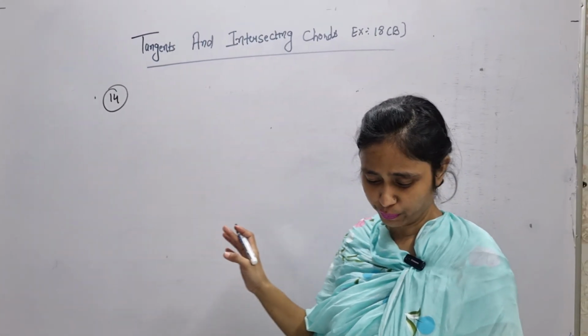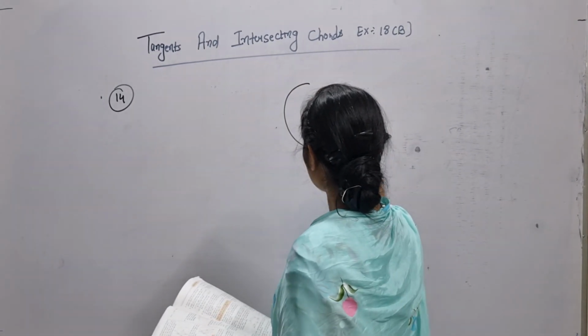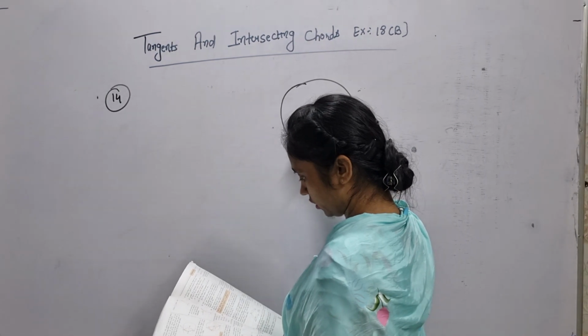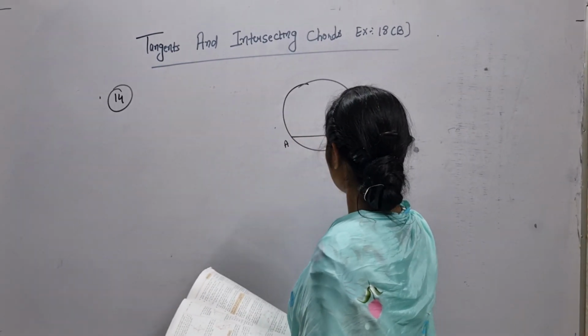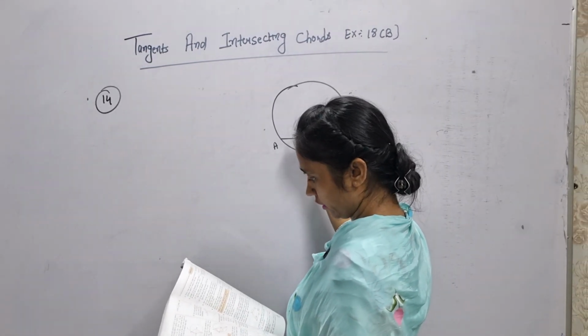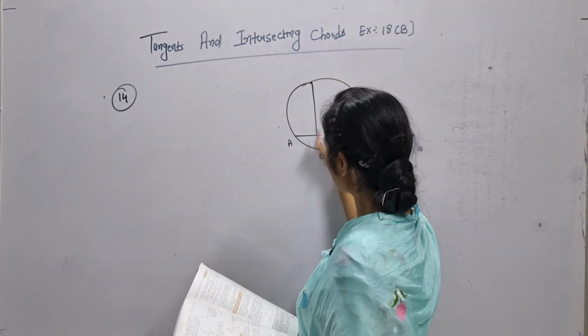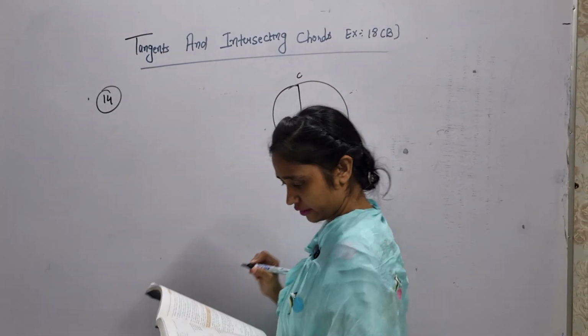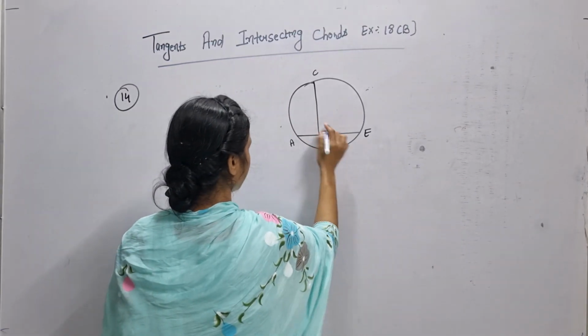Okay, in the figure, chord AE and BC intersect at D. What they said: this angle is 90 degrees.